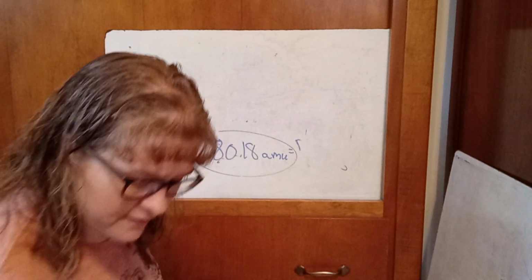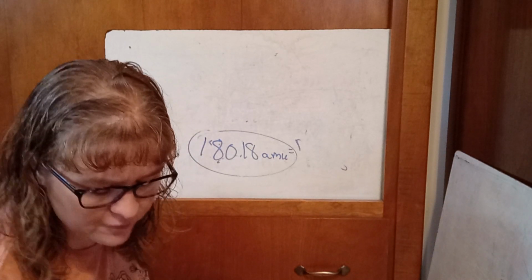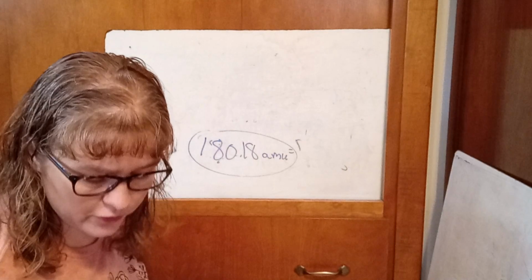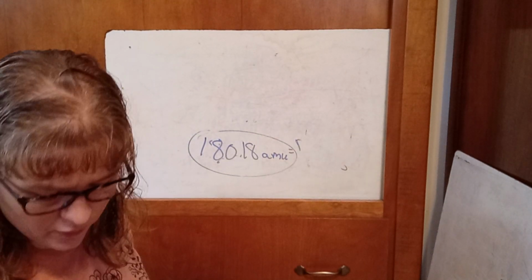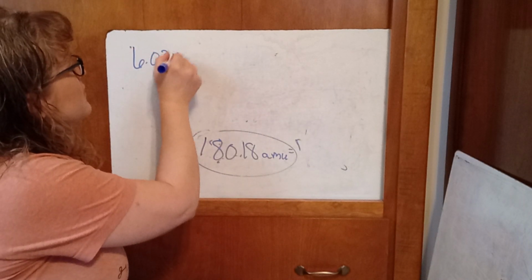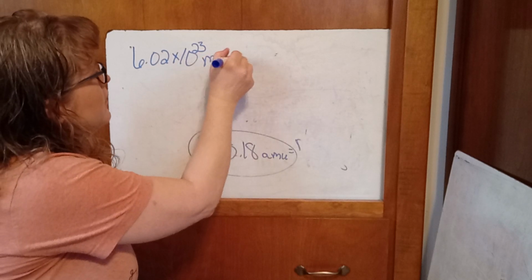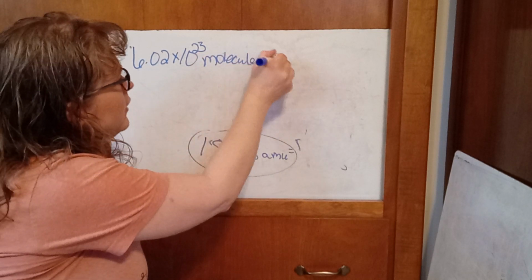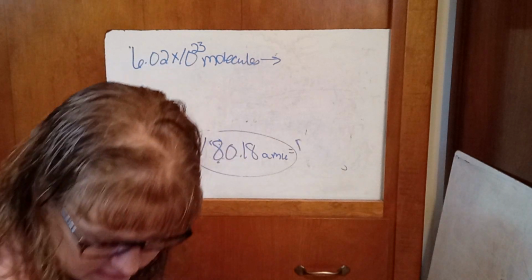it says, what is the mass of a sample of glucose if it contains 6.02 times 10 to the 23rd molecules? So, we know it has 6.02 times 10 to the 23rd molecules, and we want to know its mass, right?